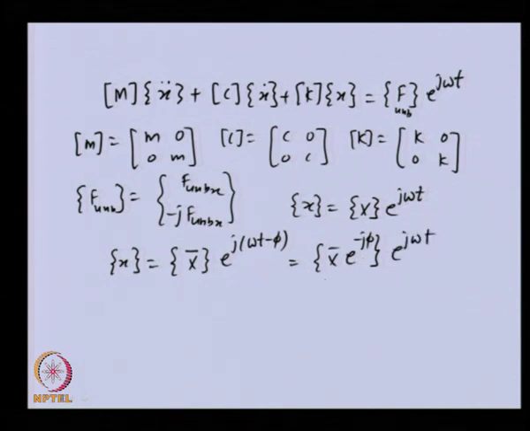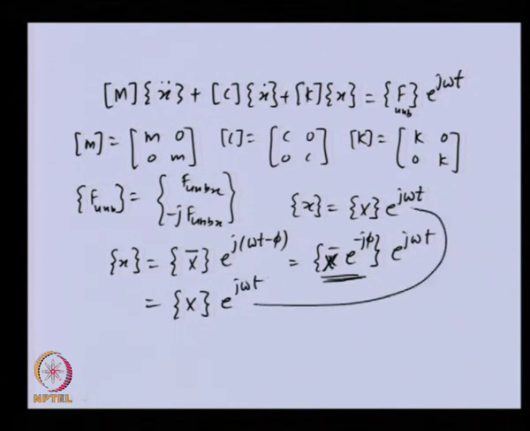So, you can see x bar is real, but this quantity is complex. They can be combined and written as a complex displacement times e to the j omega t, where capital X is the complex displacement and this is the frequency of excitation, which comes from the unbalanced force.